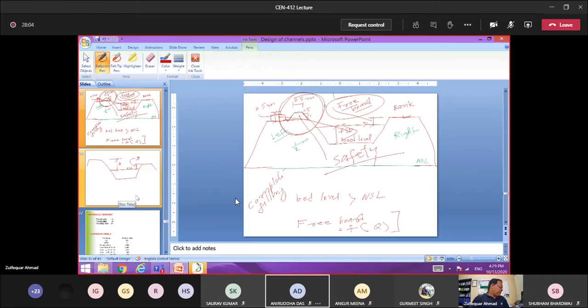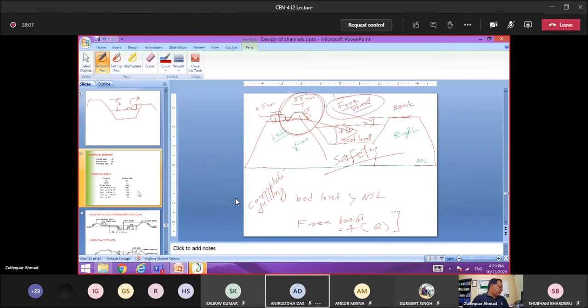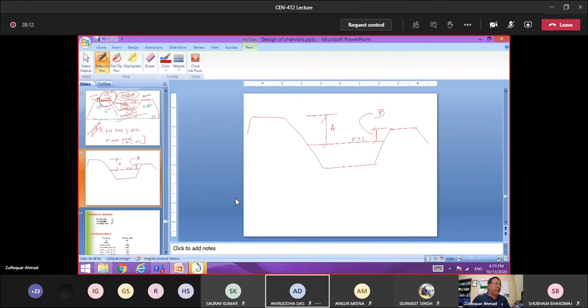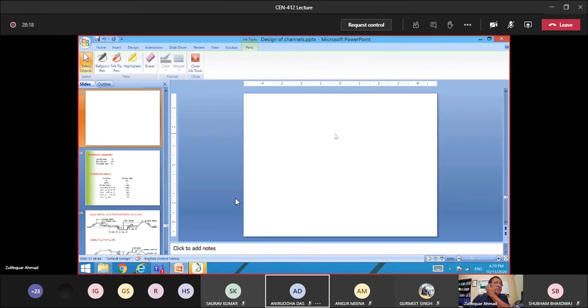Now, what are the other things? One thing more I explain to you, then I will take another topic. See, for a canal, let us say in the case of filling, the NSL is somewhere here, and we are constructing a canal like this, which is completely in filling.